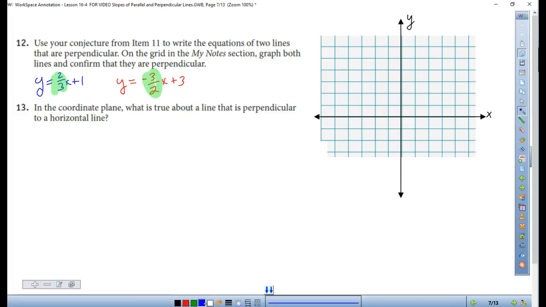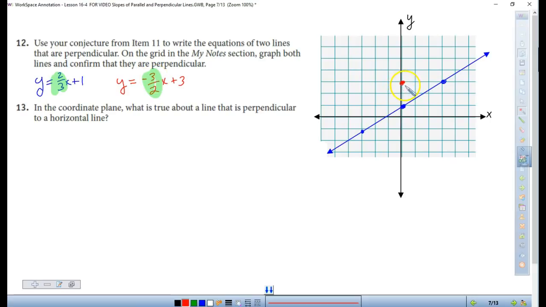So let's see. If we do the blue one, first out on 1, rising 2, running 3. Go the other way, fall 2, backward 3 to make a straight line. So that would be this line here. And then the red one would be 1, 2, 3 for the y-intercept, and then it's going to fall 3 because the rise is negative, and run 2.